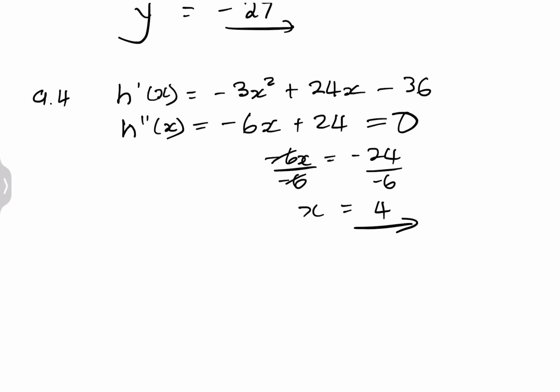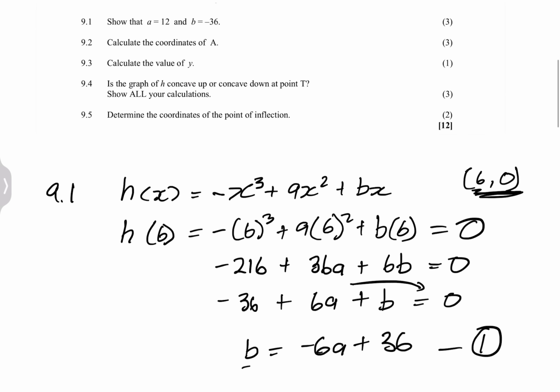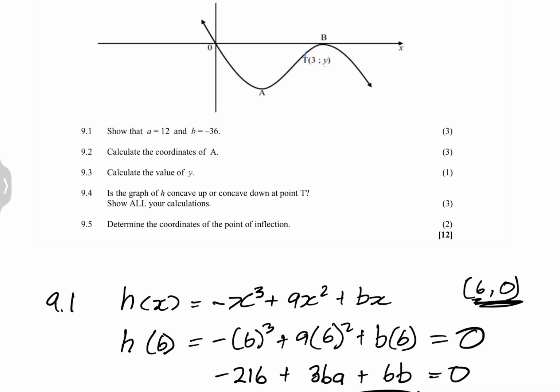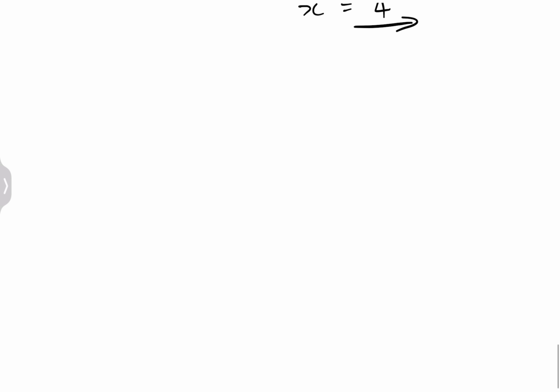Now, remember, we wanted to find out about x is equal to 3. In this case, it would be concave up, because that's before the point of inflection. But as I said, I'm going to show you how to test for that.